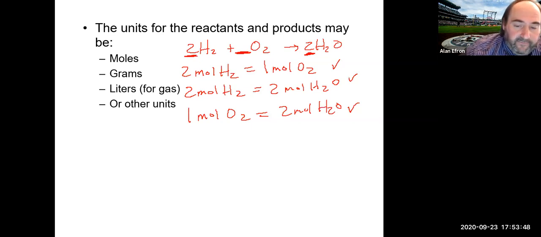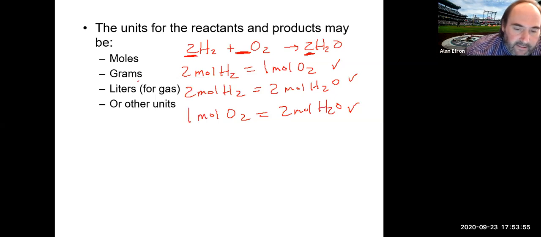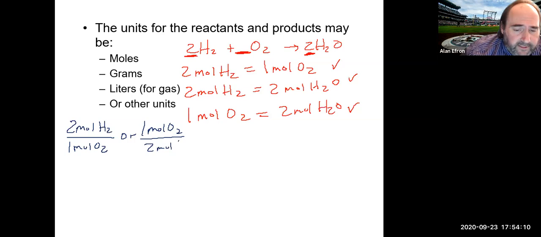So for example, for the first one, we could write a conversion factor where we say for every 2 moles of H2, I get 1 mole of O2 on the bottom. Or you could write the opposite: for 1 mole of O2, I get 2 moles of H2. And that would be the 2 conversion factors you could get from that relationship.